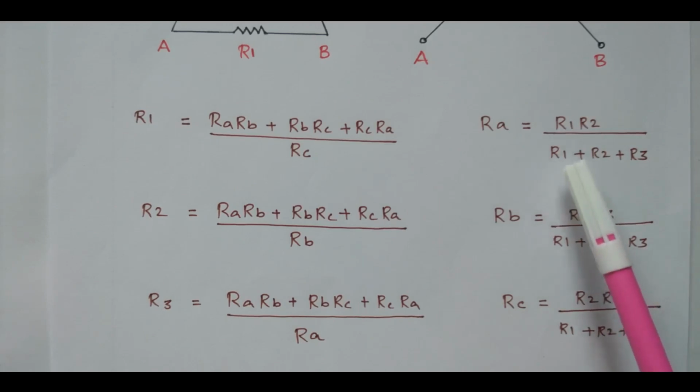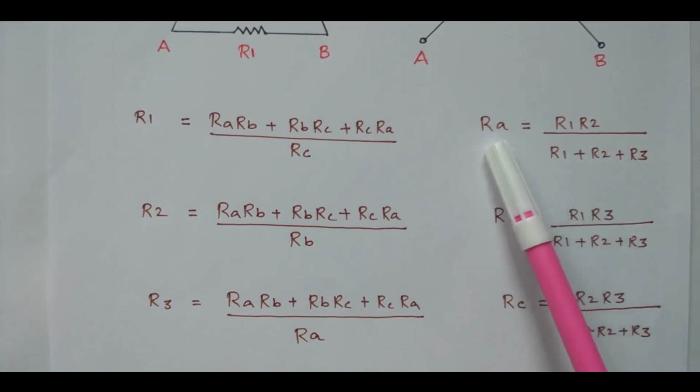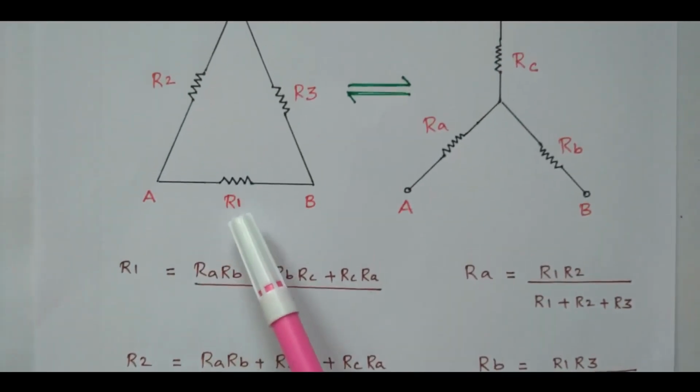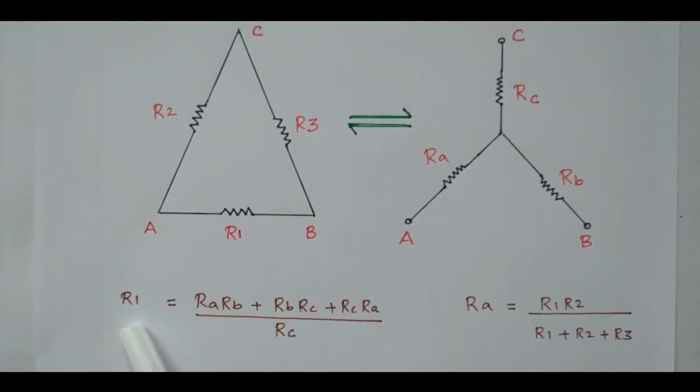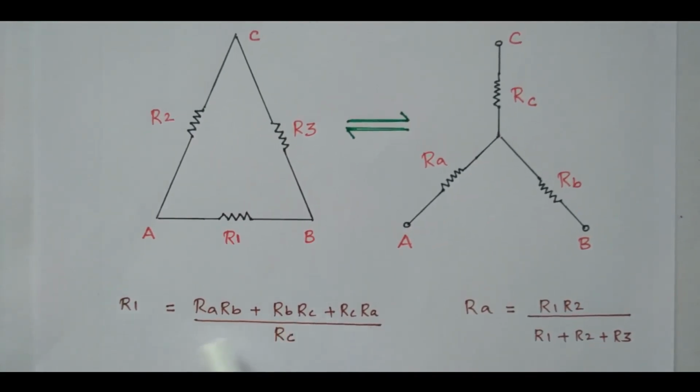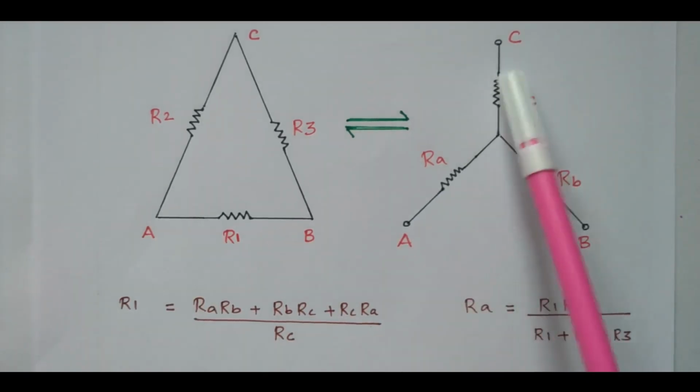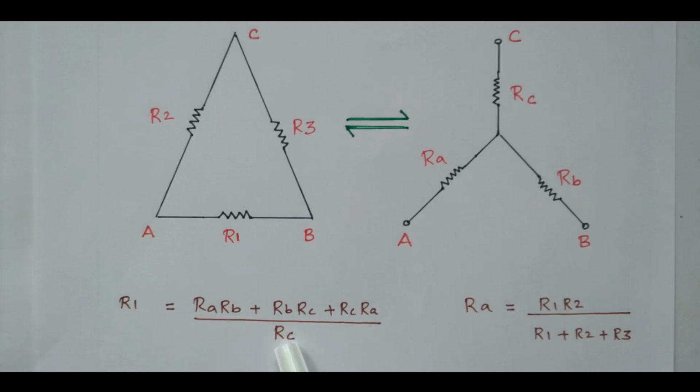I already explained how to find RA. For RA, in terminal A, R1 and R2 are available. From that you can easily identify it. Similarly, how will we find R1? Where is R1 available? In between A and B. What is available in between A and B? RA and RB. You have to refer to the other terminal's resistance, RC.